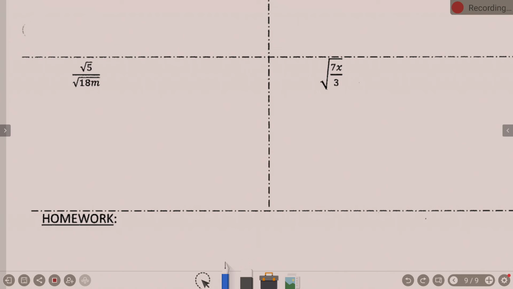Okay. Square root of 5 over square root of 18m. Do the multiply by 18 and maybe? I don't know.